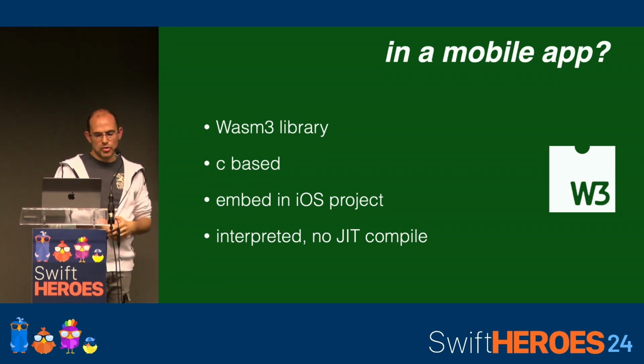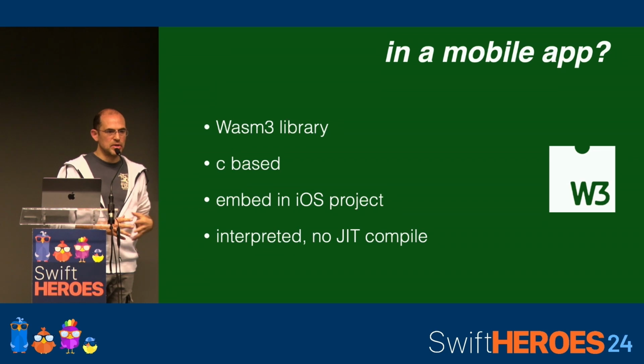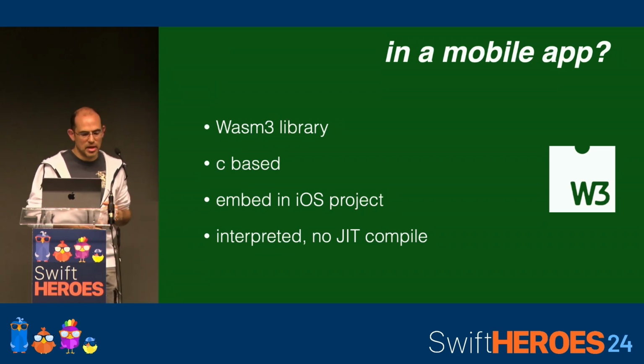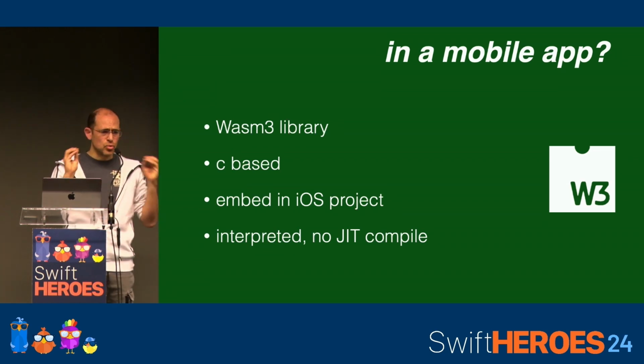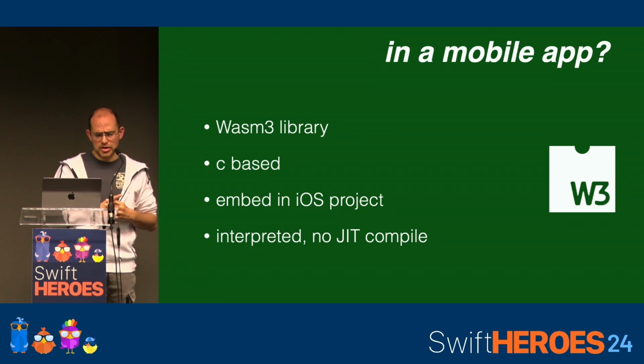The most used is the WASM3 library. WASM3 is a C library that you could embed in your iOS project. WASM3 is not a just-in-time compiler, but it interprets the WASM code and runs it. You run it very fast for an interpreter.